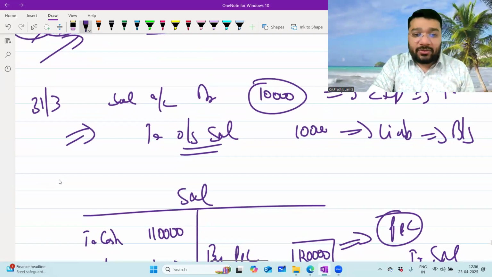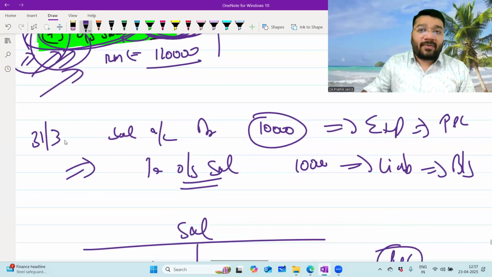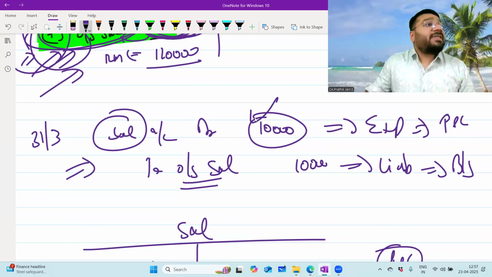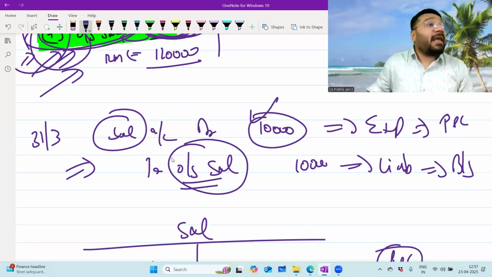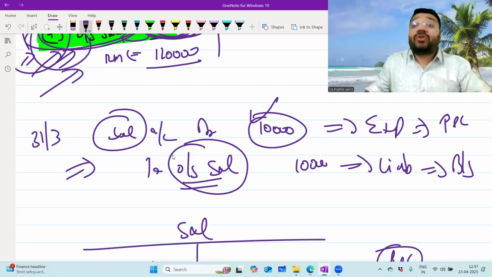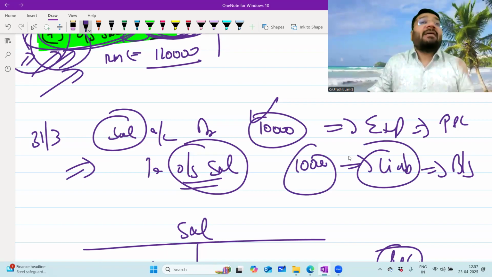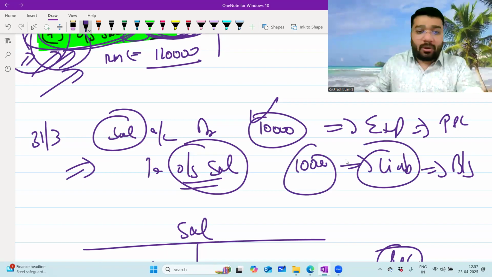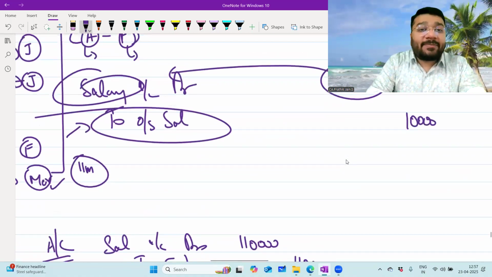Online people, understood, not understood? Yes, sir. So the debit part, salary, which is expense, is what is going to your P&L account. Outstanding salary is a liability. Why is it a liability? I'm yet to pay this money. I'll pay in future, after 5 days. Anything that I pay in future is a liability. To create a liability, I give a credit. Now tell me, any problem here? No problem. So outstanding expenses means what?